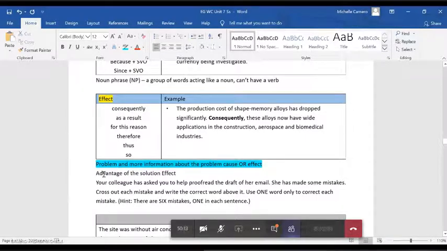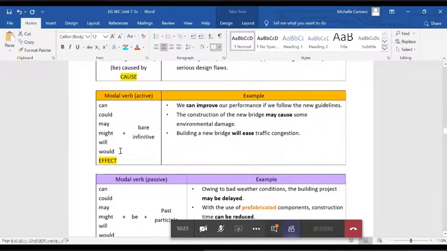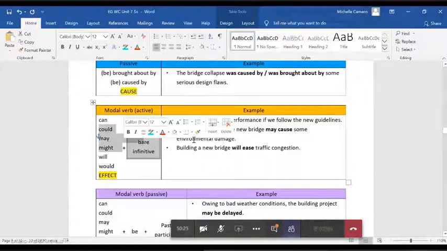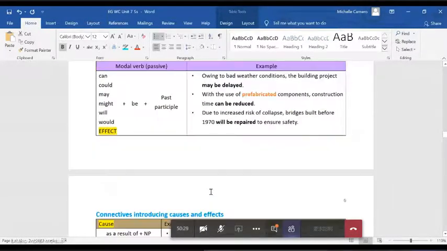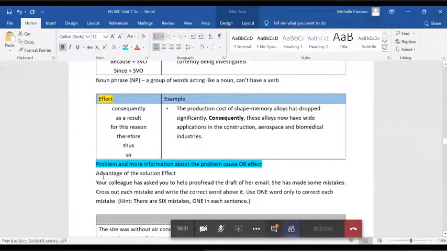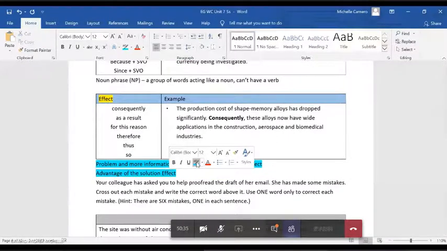But when you talk about the advantage of the solution, for sure you can use effect words, such as consequently, as a result, for this reason, therefore, so, thus, or something like could, can improve, will. So definitely for the advantage of the solution, you can use effect words.